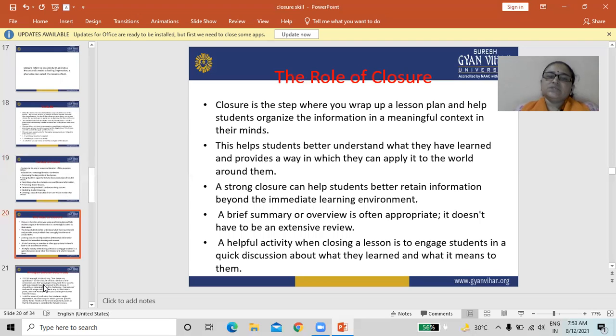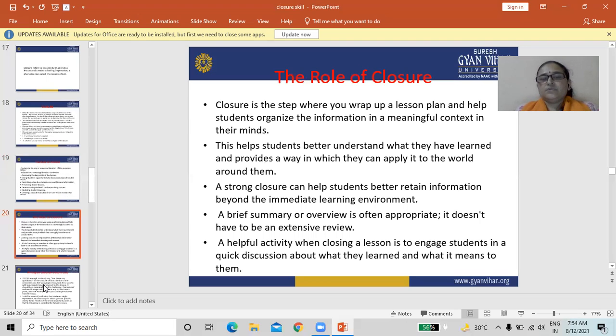Closer is the step where you wrap up a lesson plan and help a student organize the information in a meaningful context in their minds.